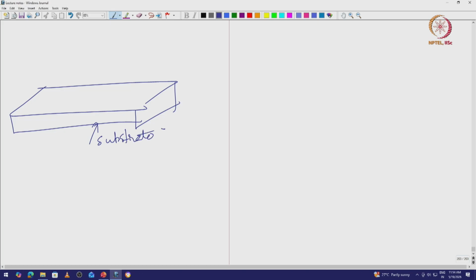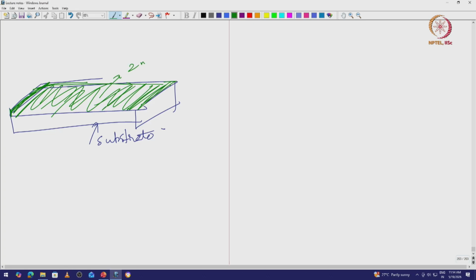And on this substrate you can coat a thin film of gold, some 2 nanometer, sputtered onto the substrate.